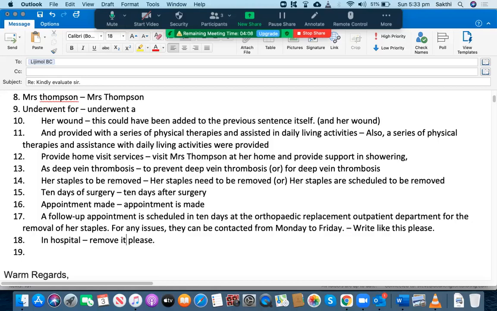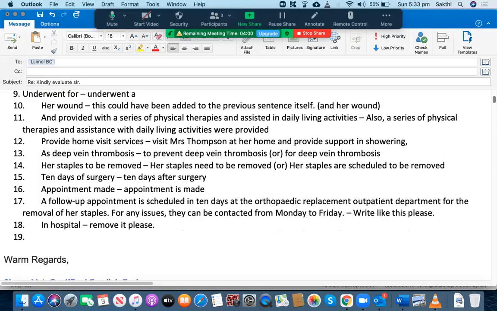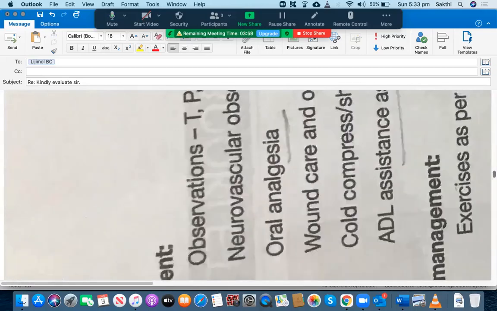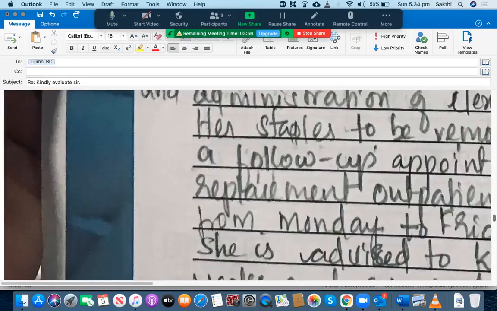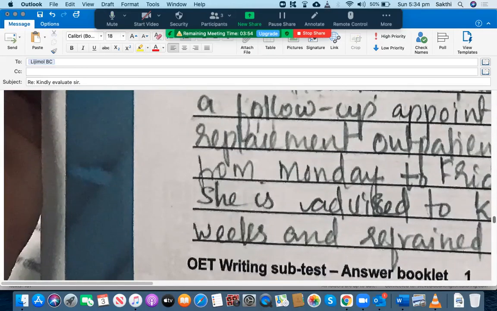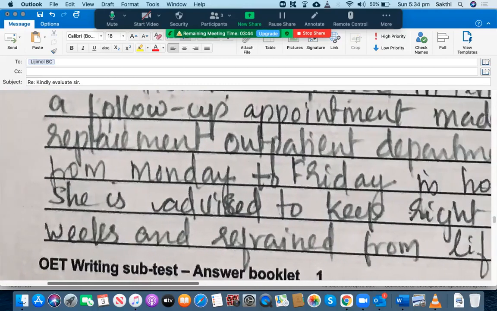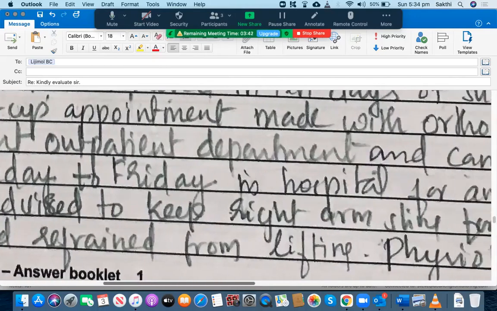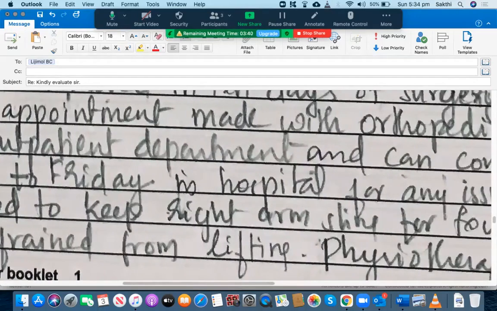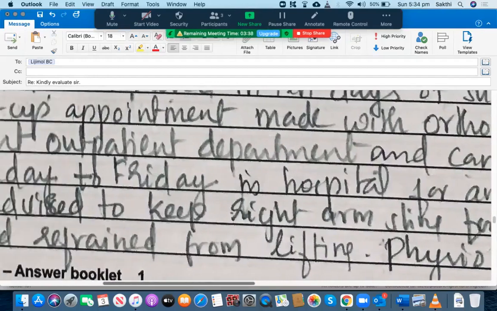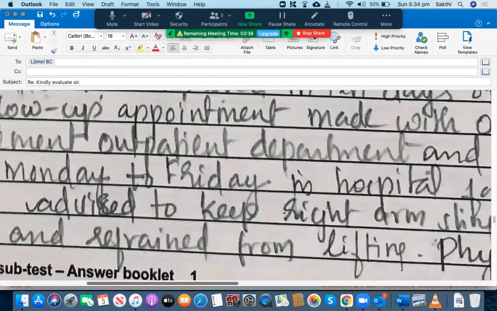You can be contacted between, or you can use, yes. For any issues, that is a new sentence. Yes, for any issues, they can be contacted from Monday to Friday or between Monday and Friday. You don't need to use "in hospital" because it's already there. Because department isn't there, right?